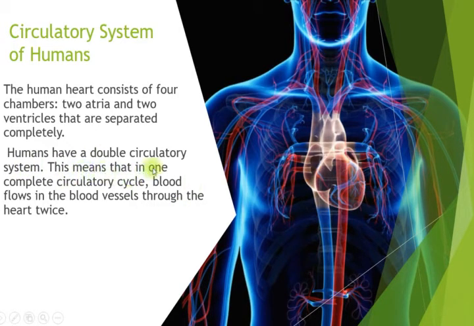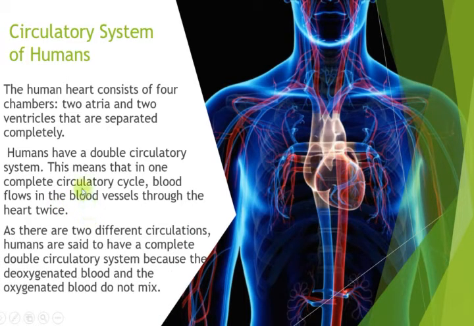This means that in one complete circulatory cycle, the blood flows in the blood vessels through the heart twice. As there are two different circulations, humans are said to have a complete double circulatory system.